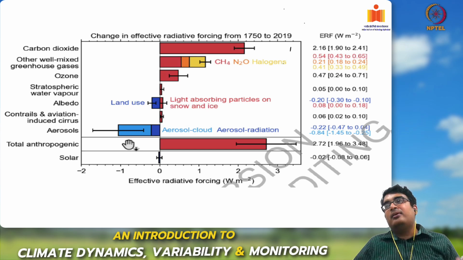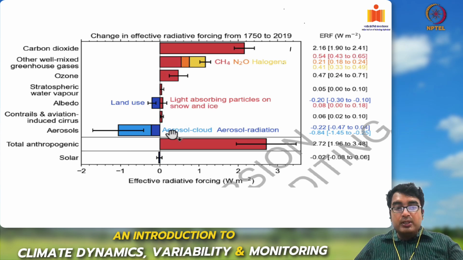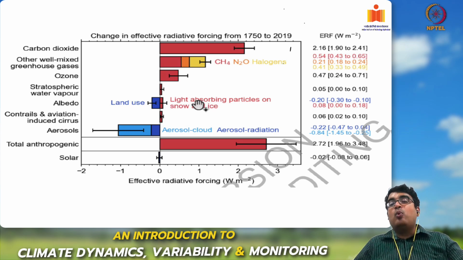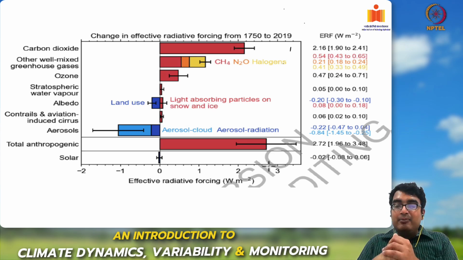So, as the combustion processes become cleaner and you have better pollution control norms, less and less aerosols will be emitted out, and hence this extra 1 watt per meter square will be added to the effective radiative forcing unless the CO2 and the methane emissions are decreased substantially.